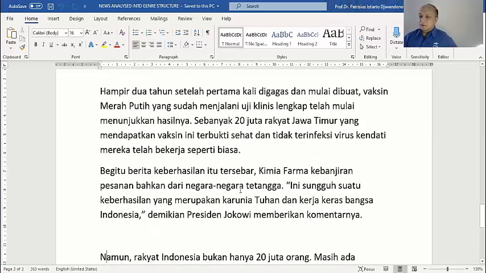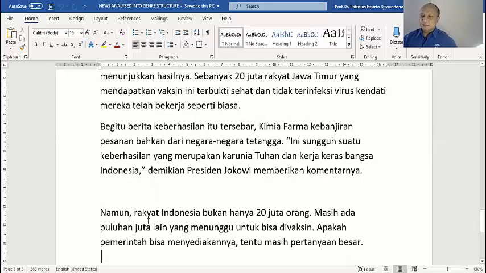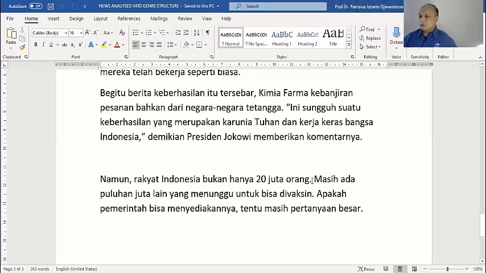Begitu berita keberhasilan itu tersebar, Kimia Farma kebanjiran pesanan bahkan dari negara-negara tetangga. Ini sungguh suatu keberhasilan yang merupakan karunia Tuhan dan kerja keras bangsa Indonesia. Demikian Presiden Jokowi memberikan komentarnya. Namun rakyat Indonesia bukan hanya 20 juta orang, masih ada puluhan juta lain yang menunggu untuk bisa divaksin. Apakah pemerintah bisa menyediakannya? Tentu masih pertanyaan besar.